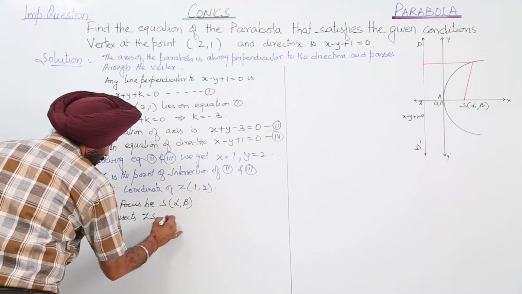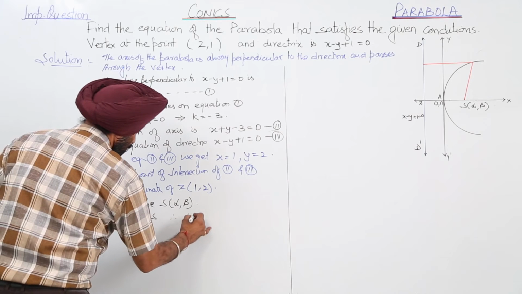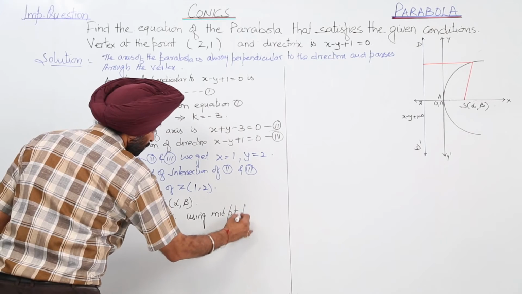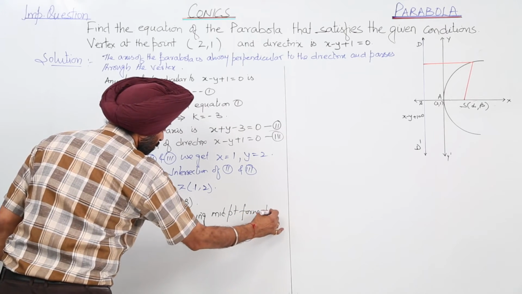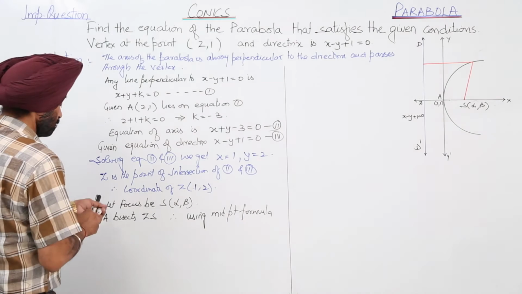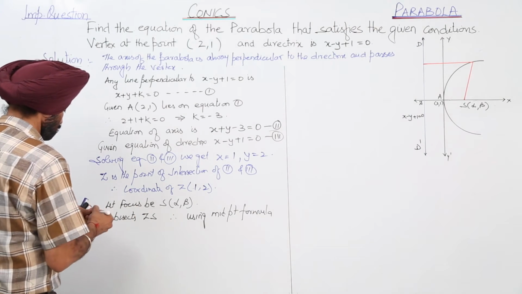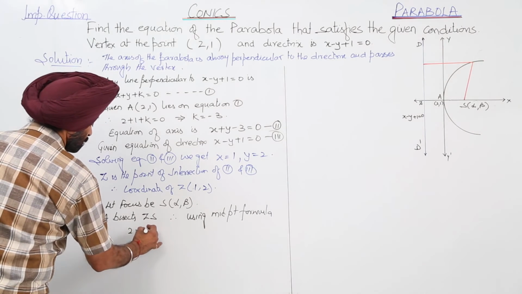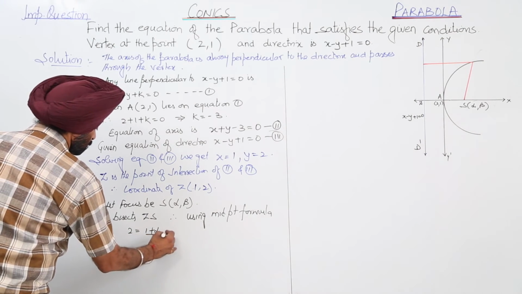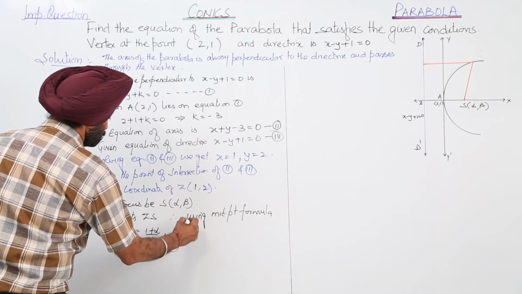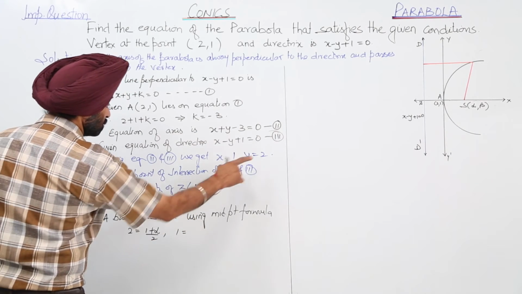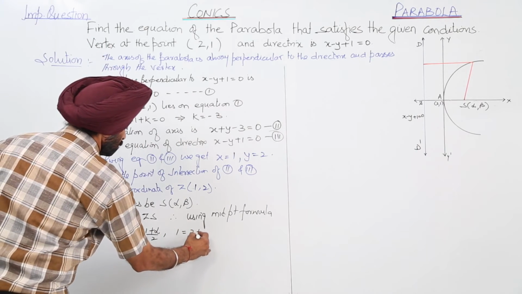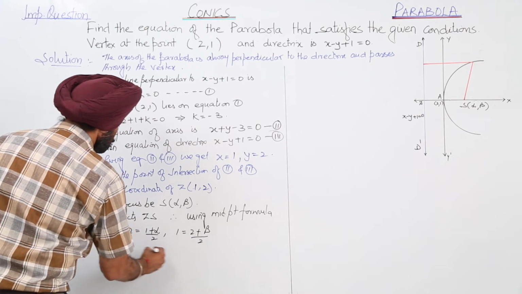A bisects ZS, therefore using the midpoint formula, 2 is equal to (1 plus alpha) upon 2, and 1 is equal to (2 plus beta) upon 2.